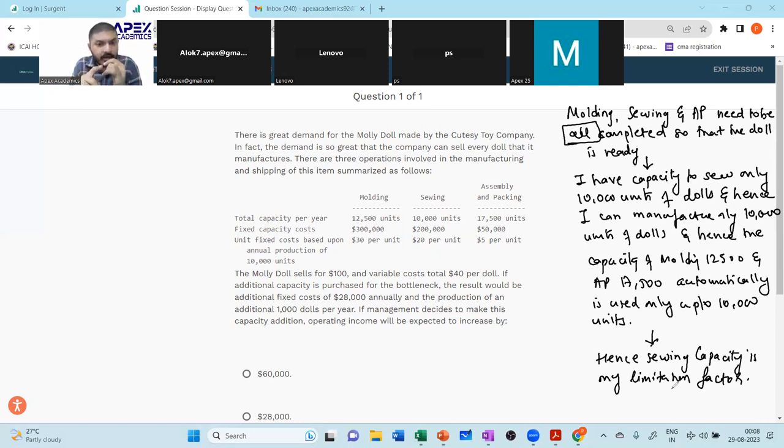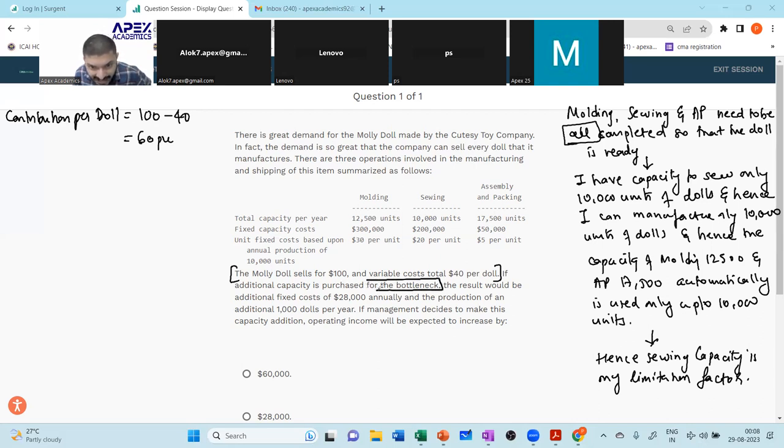Molly dolls sell for 100 and they have a variable cost of 40 per doll. This is a very, very important aspect over here. The contribution is $60 per unit. Next. If additional capacity is purchased for the bottleneck, what is the bottleneck?